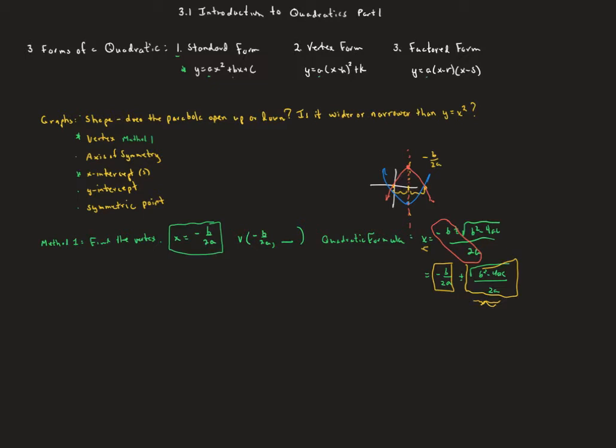So I'm going to go to a new screen, and we're going to graph one here, and we're going to find all of these things, and we're going to find our vertex using x equals negative b over 2a. Okay, here is our parabola. We're going to graph y equals x squared minus 2x minus 8. And we are going to find the vertex.